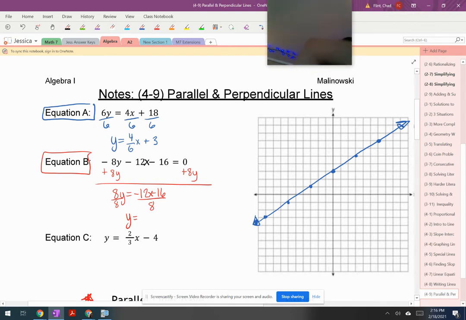Okay, so negative 12 over 8 simplifies into negative 3 halves, because 4 goes into 12 3 times and 4 goes into 8 2 times. And negative 16 divided by 8 is a minus 2.